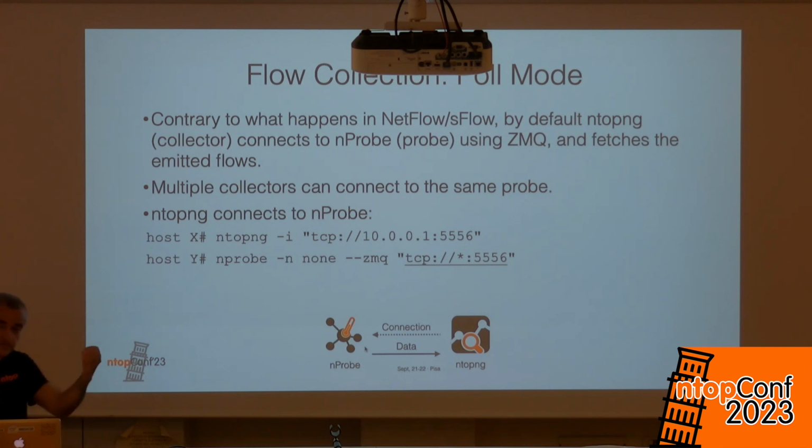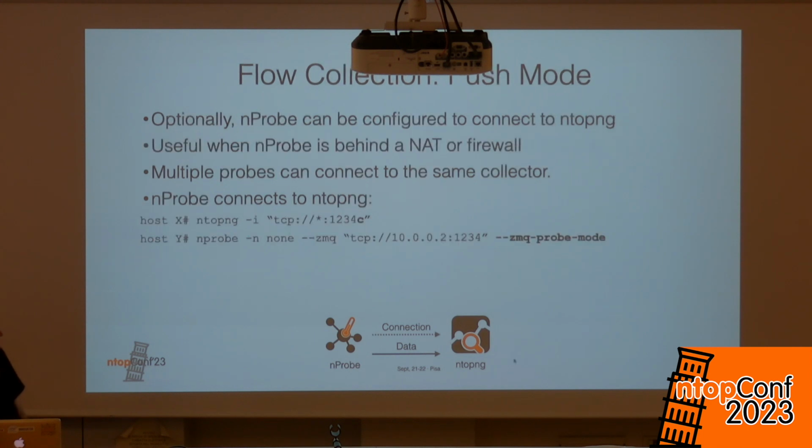So the initiator of the connection is ntopng, it is not nprobe. So this way you can keep ntop behind a firewall and nprobe on the internet. Of course, you can use this flag to go back to classic IPFIX mode. So let's say the message is the following. Whatever you want to do, we support it. We are flexible, either the classic way or the reverted way.